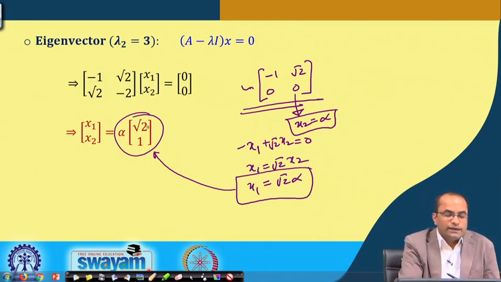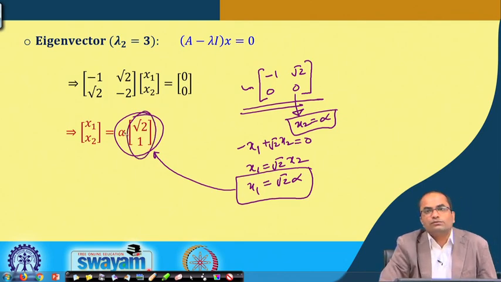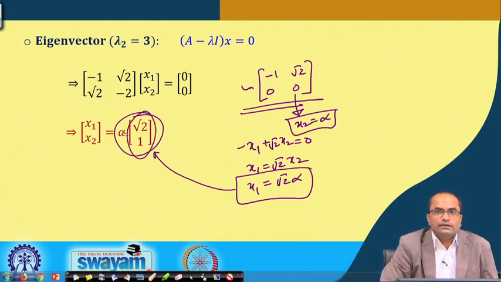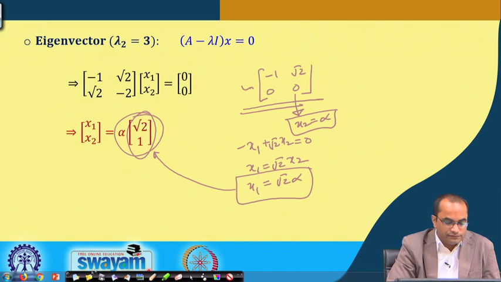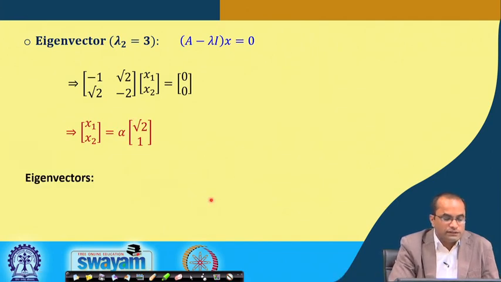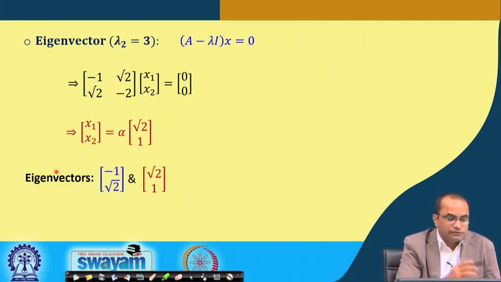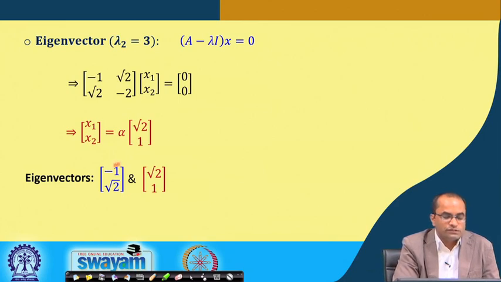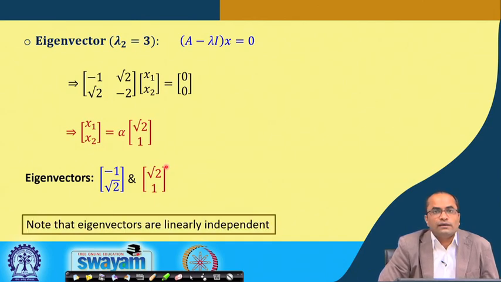So, this is another vector here, and any multiple of this, square root 2 and 1, we can take as an eigenvector. So, in this case the eigenvectors corresponding to the eigenvalue 0 was minus 1 and square root 2, and here we have square root 2 and 1.